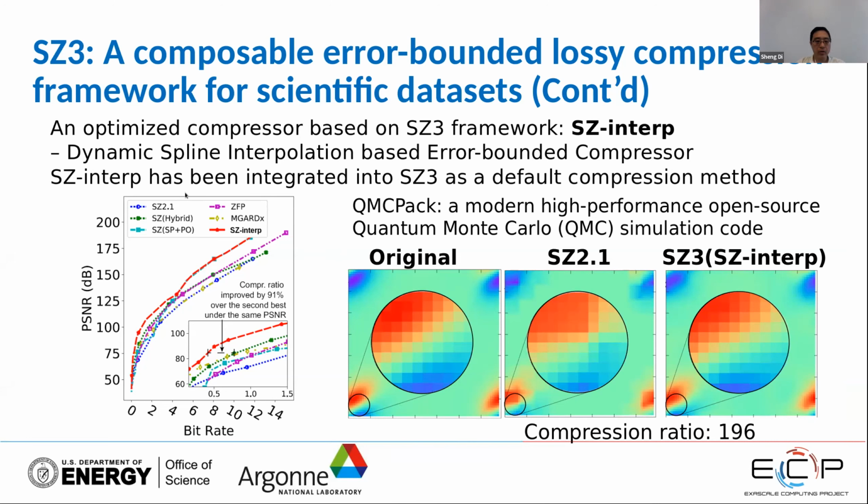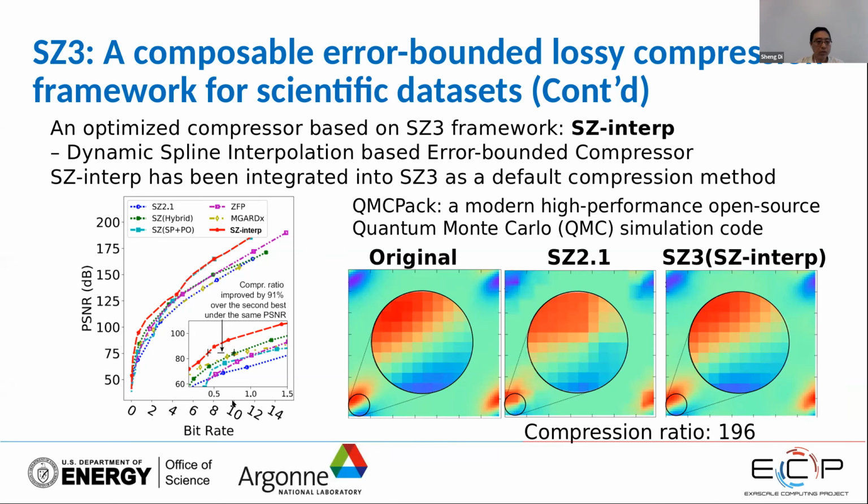I demonstrate one application as an example here. You can see that the interp has much better rate distortion than all other state-of-the-art compressors. For information, SZ2.1 was published in the IEEE Big Data Conference in 2018, and SZ Hybrid is the work published in ICDE 2019, and the SZ-SP plus PO appeared in HPDC 2020, sorry.